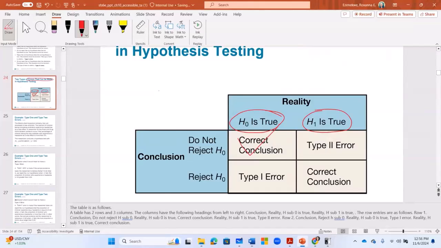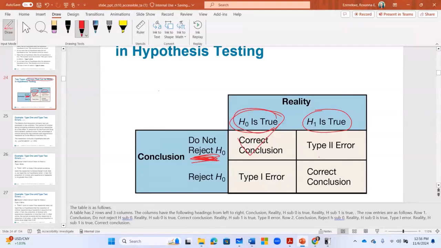You committed an error called type 2 error. Why? Because you did not reject the claim when actually the alternative is true. If the alternative is true and you did not reject the null hypothesis, you committed type 2 error. All right.